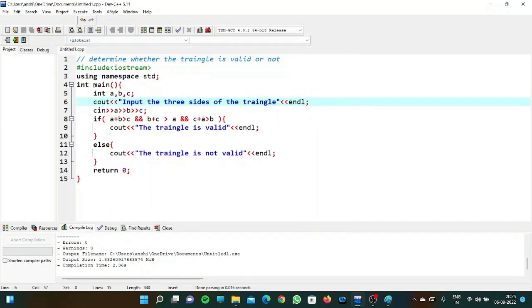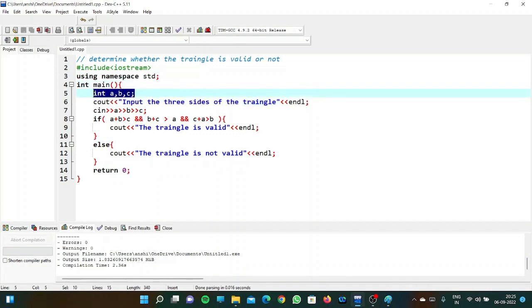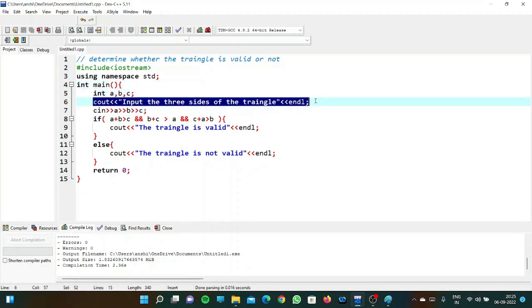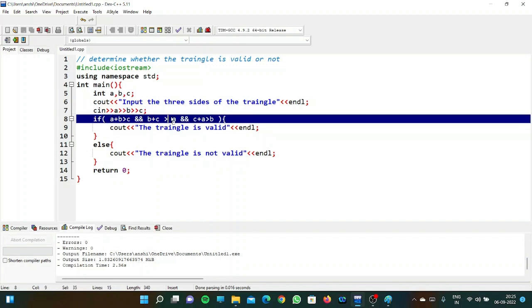Now let's understand this. See, here you are initializing the sides of integer type. Here you are asking the user to input the three sides. Here the user will input, and after the sides are input, the control will check this condition inside this if.